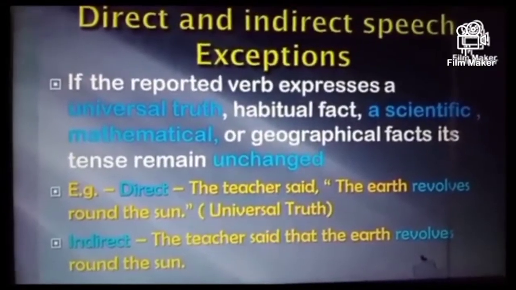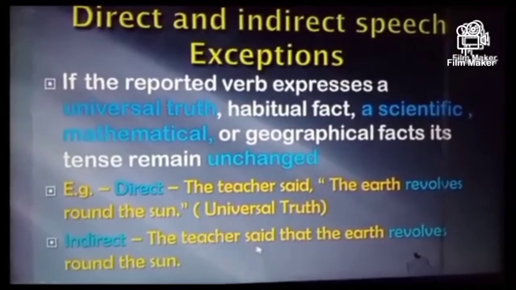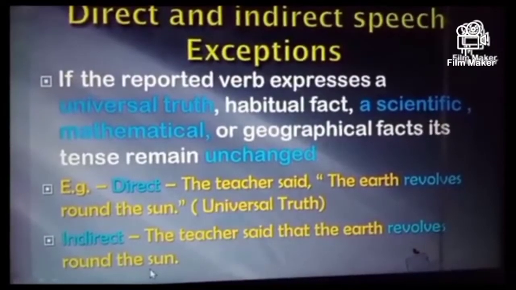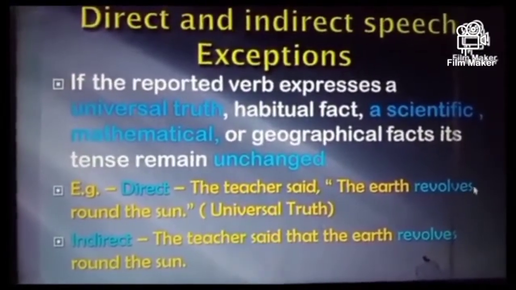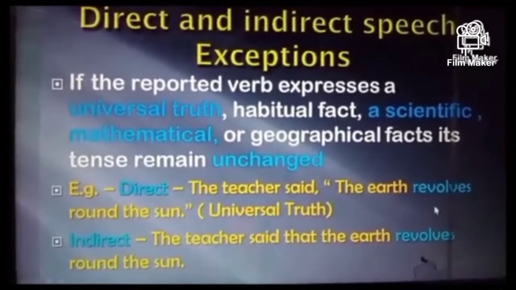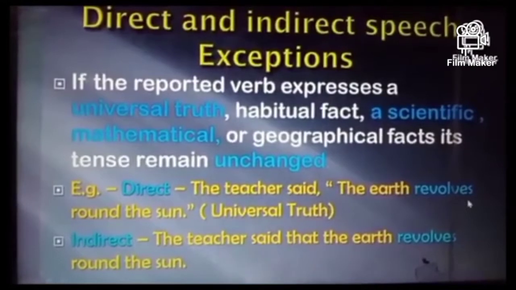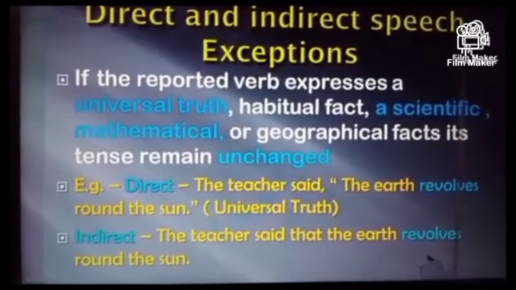While converting it into indirect speech, look at the changes. The teacher said that the earth revolves around the sun. Here necessary changes have been made except for the verb. So the verb in direct and indirect speech, that is revolves, remains unchanged because it is a universal truth.